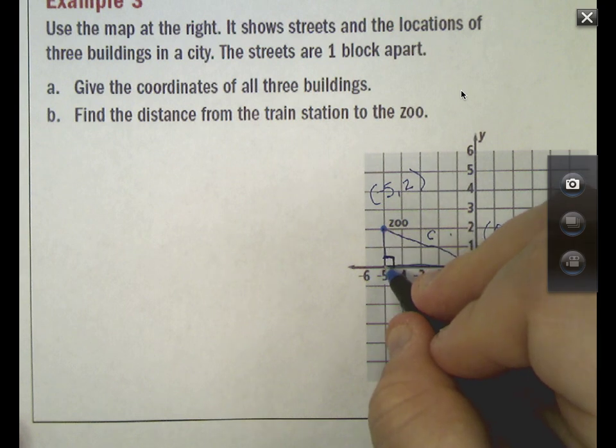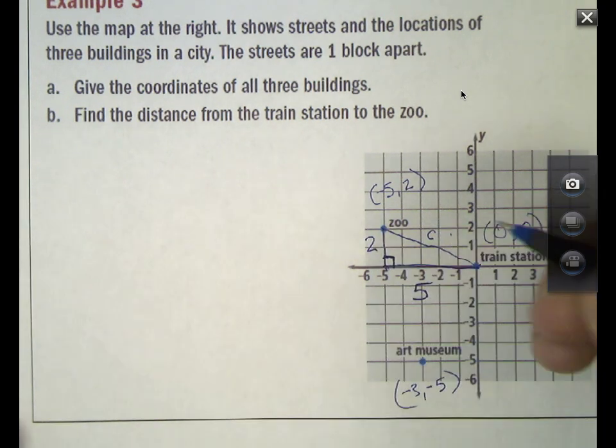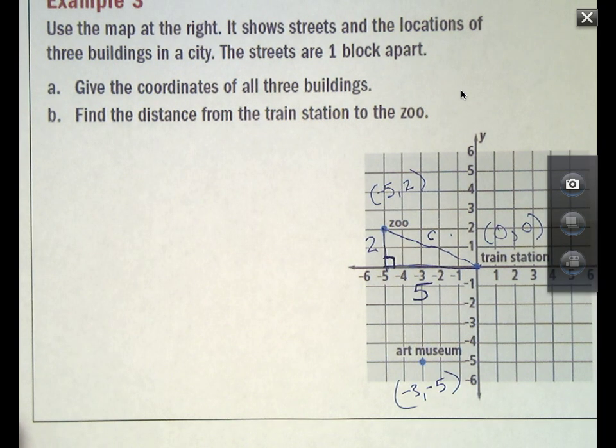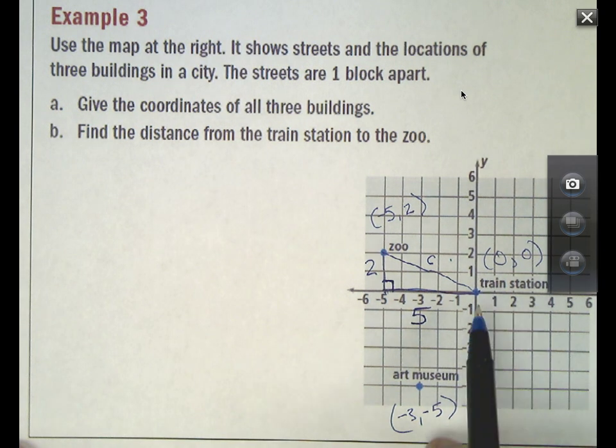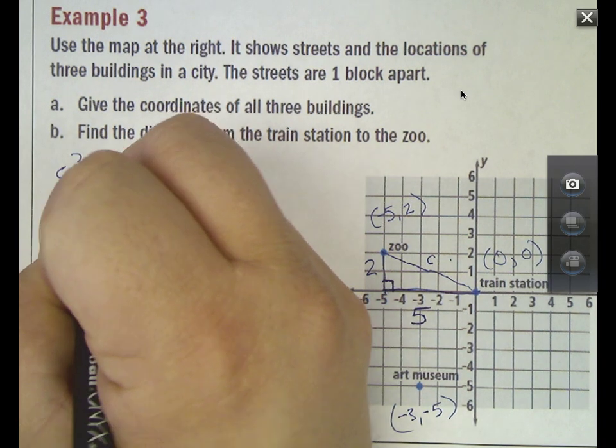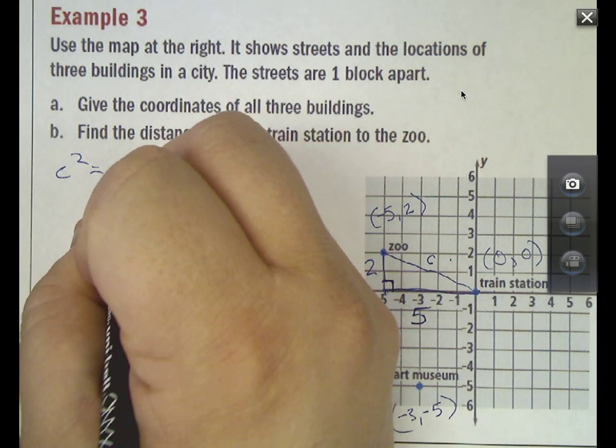The distance is 5 units. What's the distance from here to here? It's 2 units. So I'm going to use the Pythagorean theorem. When you have small sides like this, I would use the Pythagorean theorem. I wouldn't go ahead and use the formula that I just showed you a minute ago. But I'm going to show you that both of them are going to work out.